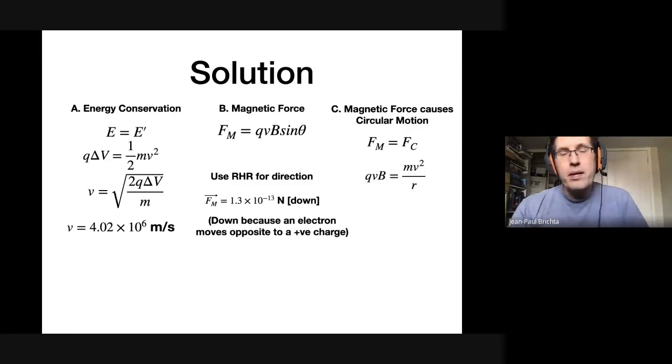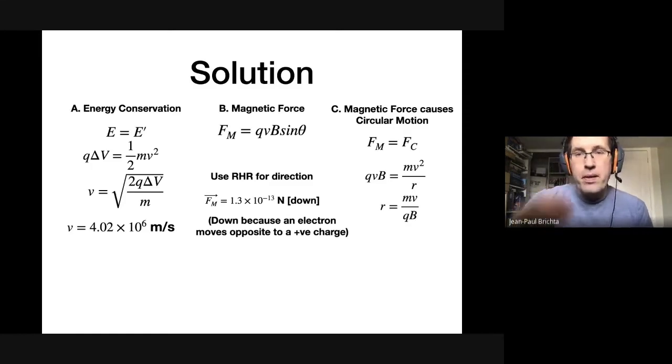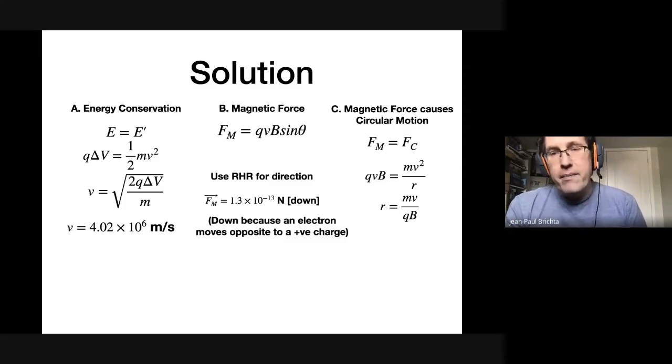Again, if we assume that sine theta is always equal to 1, meaning that the velocity and the magnetic field are always perpendicular, which is a good assumption in this case, then we get this nice simple equation. The speed shows up on both sides of the equation, so one of those will drop out, and we'll get the radius is given by mv over qB, so mass times speed divided by charge times the B field.